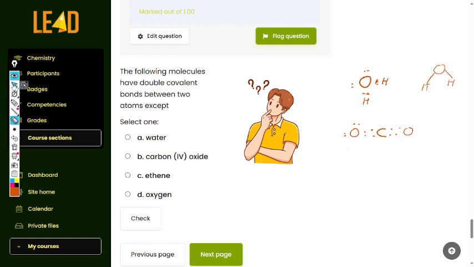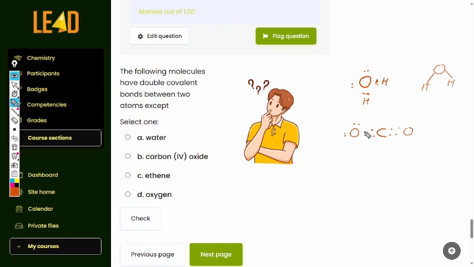Carbon has 4: 1, 2, 3, 4. So you have a double bond here, and then a double bond on the other side, and that's why carbon dioxide is linear.